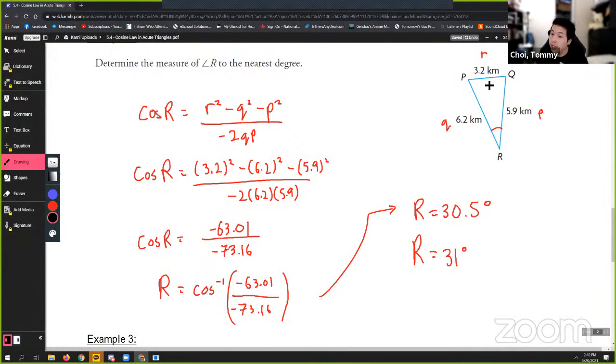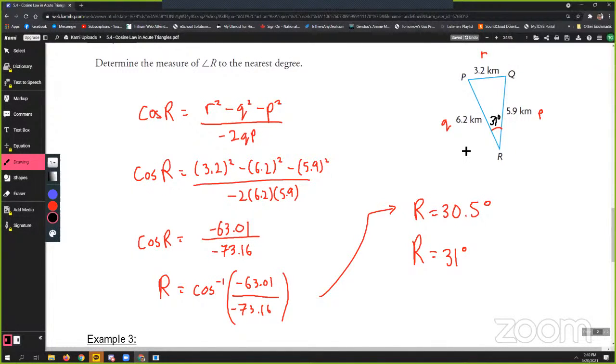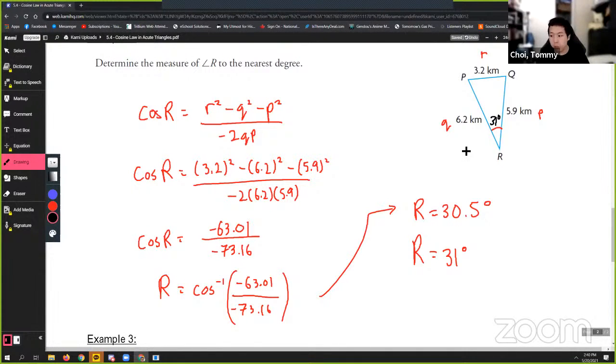Okay? So then let me ask a question here. If I find R and I found it to be 31 degrees, what do I solve for next and how? Can we solve the next angle, P? Yep, you can solve for angle P. And how would you solve for it?